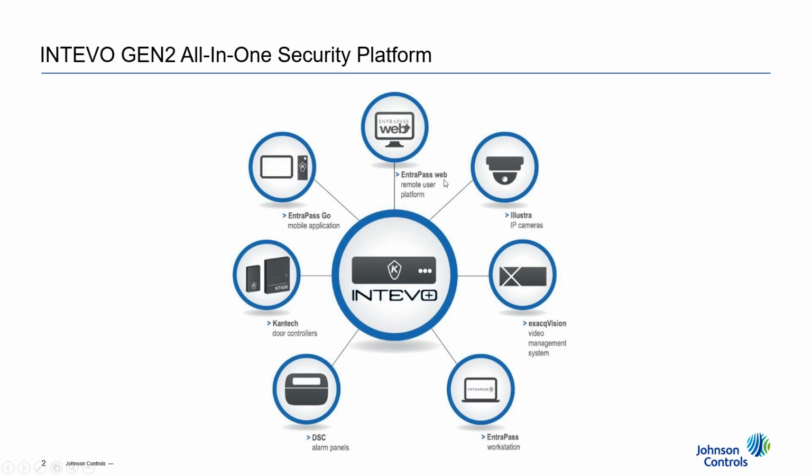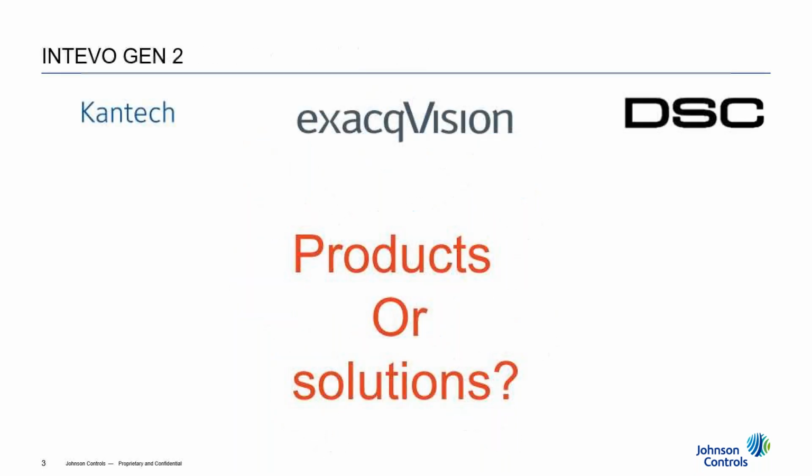So, as I was saying, the INTEVO is an all-in-one application. It does give you everything you need from access control to video to intrusion, all into one. Now, with the INTEVO, you could buy three different products. You can buy the Cantech software, the Exact Vision NVR, and the DAC hardware if you want, and put them all together or keep them separate as products, right?